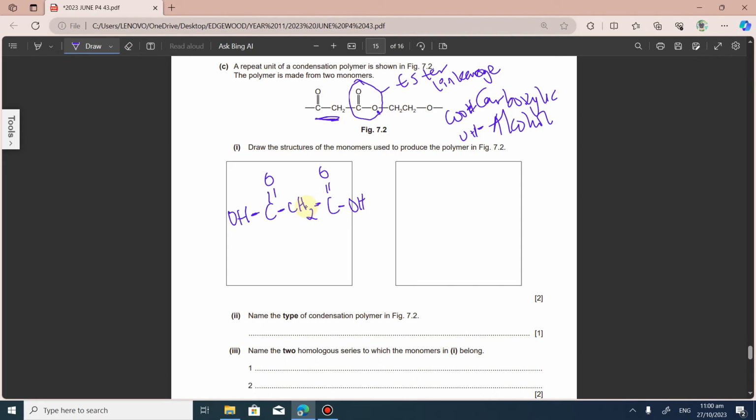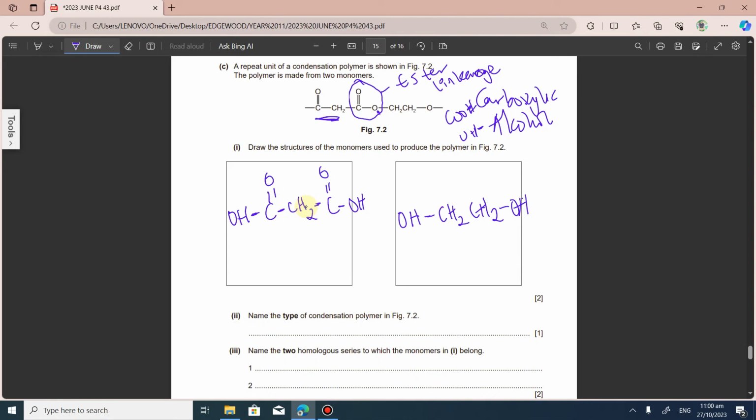So we have the OH, all right, and then we have CH2. Okay, let's just follow it the way it is here. So we have OH, CH2CH2OH. Okay, so these are the two monomers that came together.